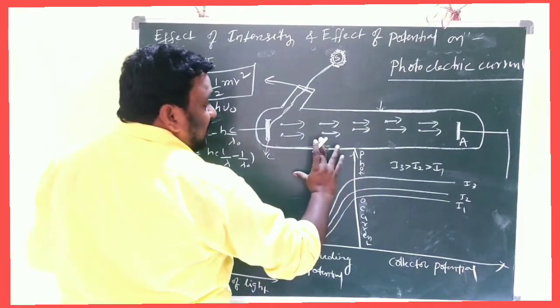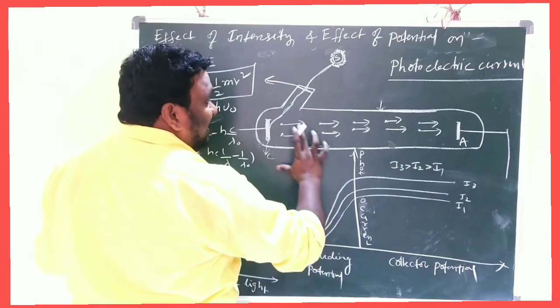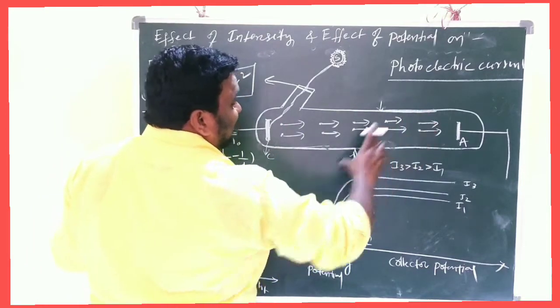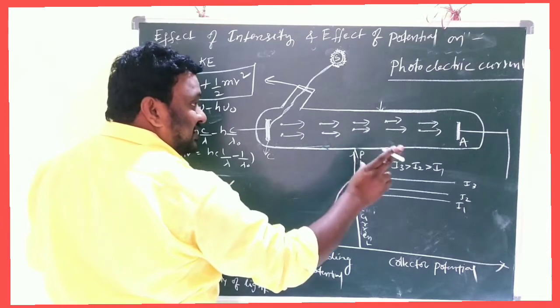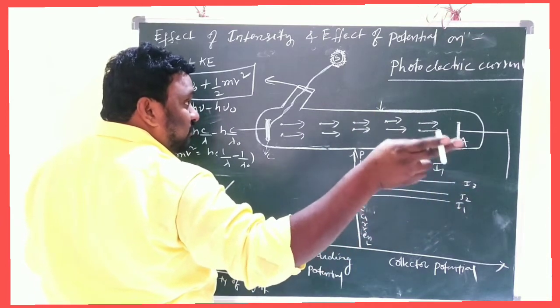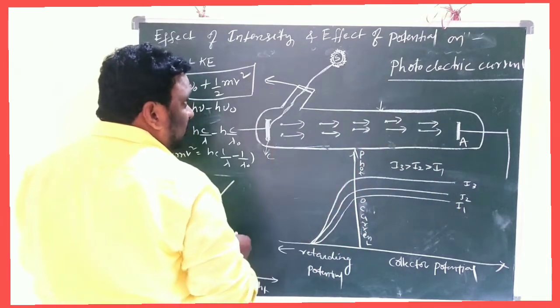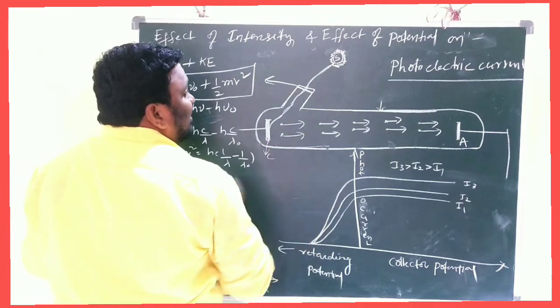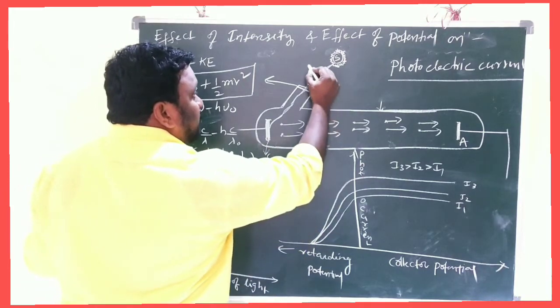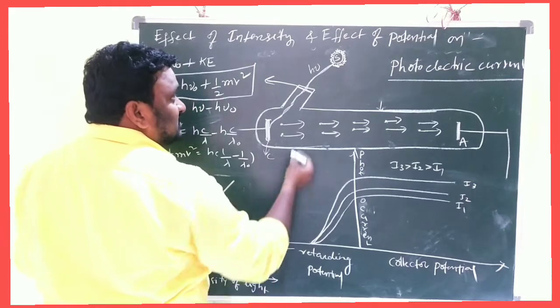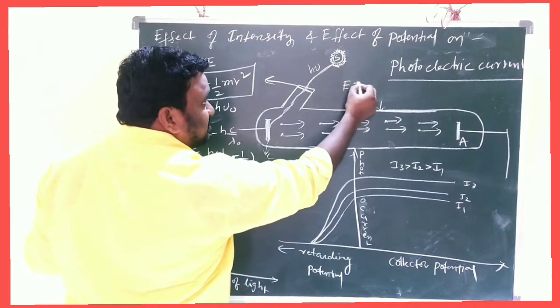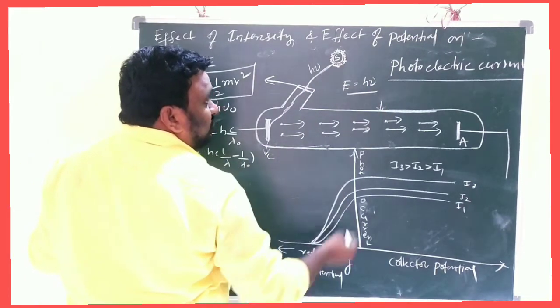So children, for our convenience, I drew only some part of the diagram. For the complete diagram, you must refer to your textbook or go to the previous video. According to Einstein, h nu amount of light, E is equal to h nu, is the photon energy.